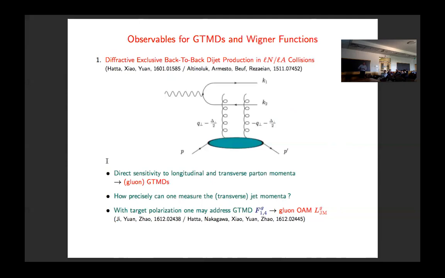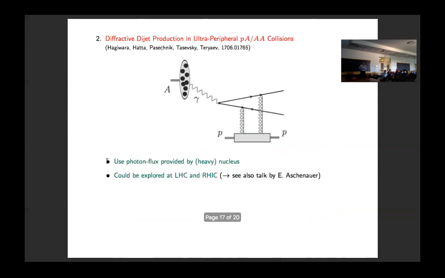People also argued that if you include target polarization, longitudinal target polarization, there may be a way to get a handle on this F14 gluon, in other words, the gluon orbital angular momentum in the spirit of Jaffe-Manohar. The natural extension was put forward by Yoshitaka and co-workers: do the same thing in ultra-peripheral pA or AA collisions, where you use the photon flux provided by a heavy nucleus, which could be explored at the LHC and RHIC.